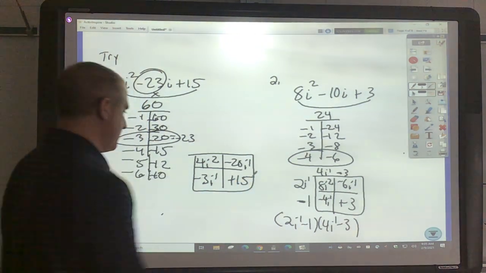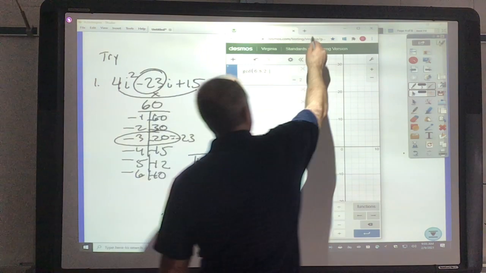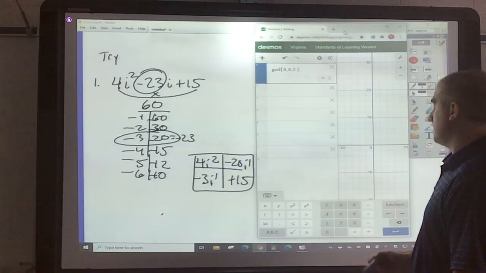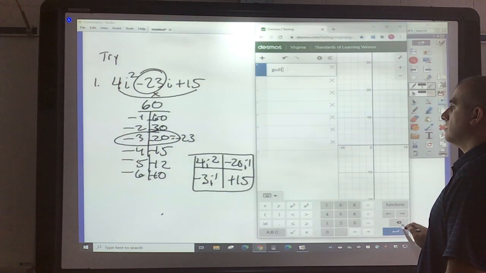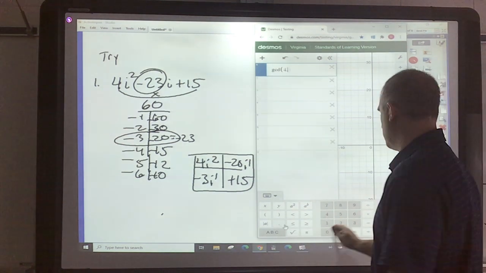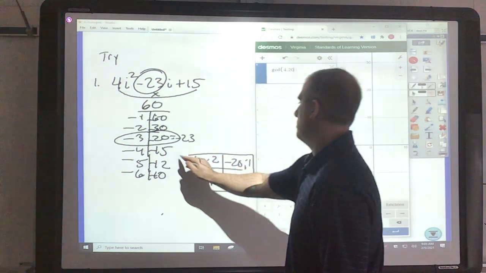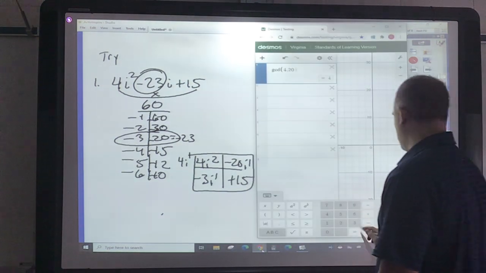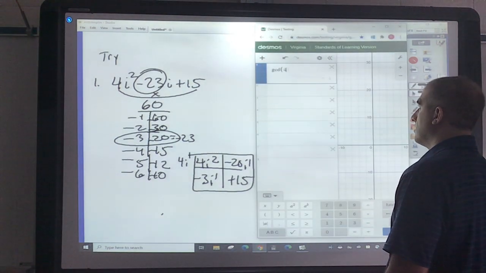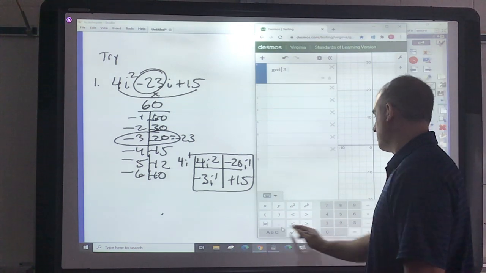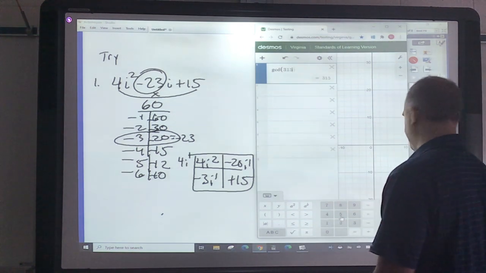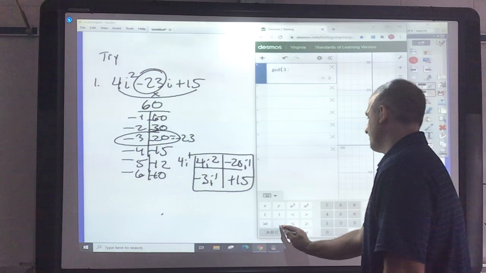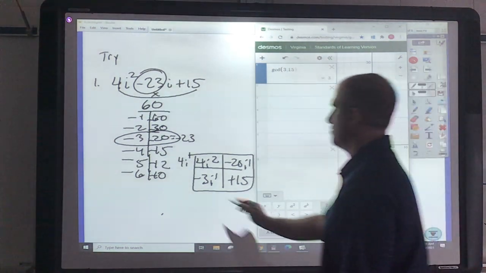Once again, I'm doing my GCFs going across. All right, so I got 4 and 20, which is 4. They both have i, so i to the first. Okay, 3 and 15, which is 3.